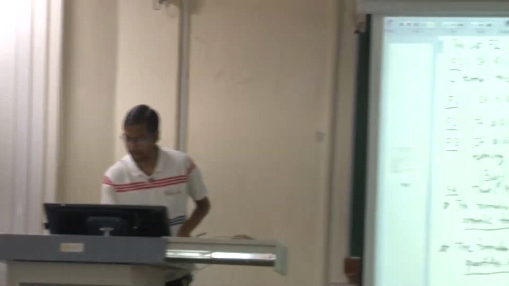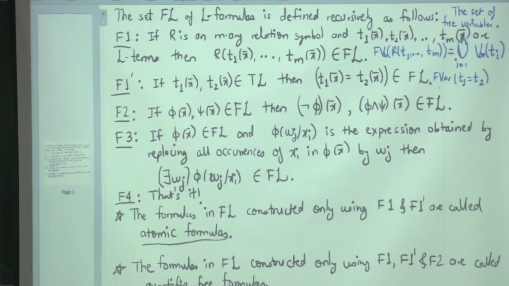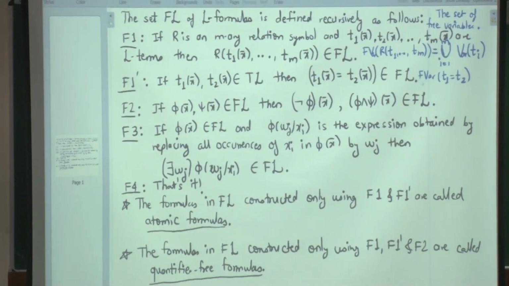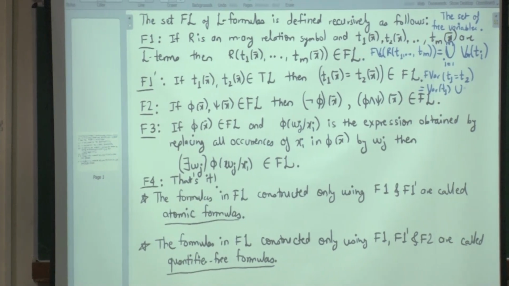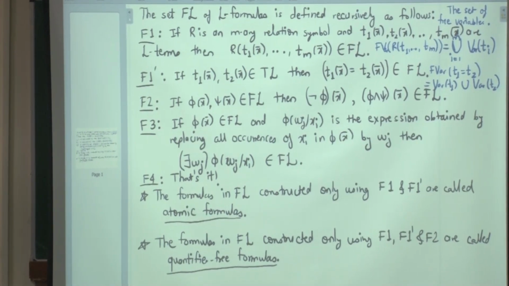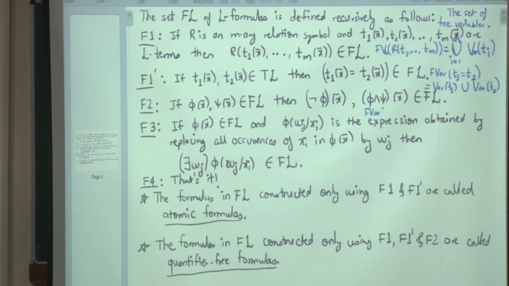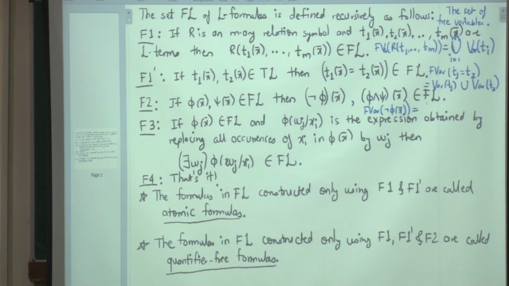What is the set of free variables in t1 equal to t2? Any guess? The set of variables in t1 union the set of variables in t2. Nothing different. Then the set of free variables in negation phi x bar is equal to the set of free variables in phi.